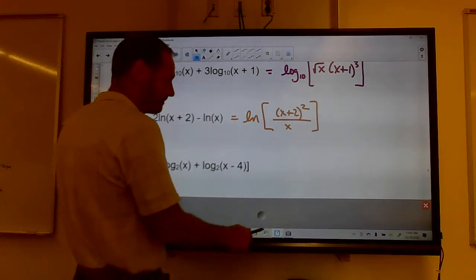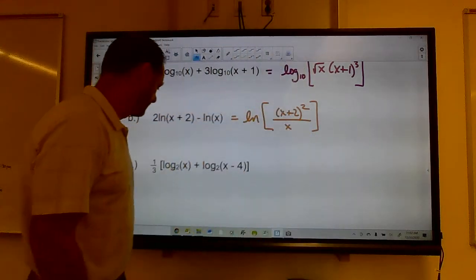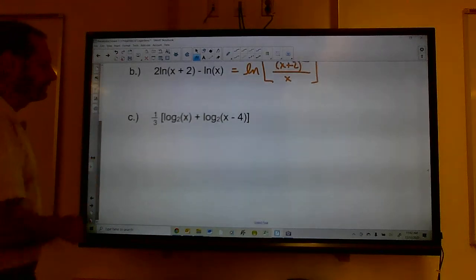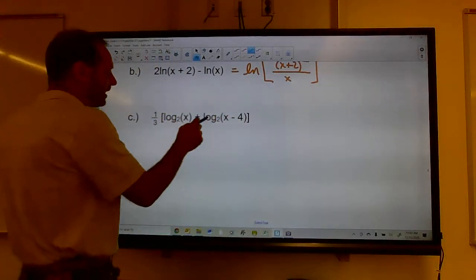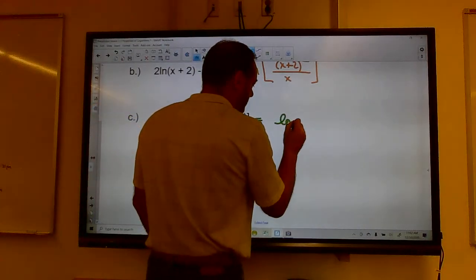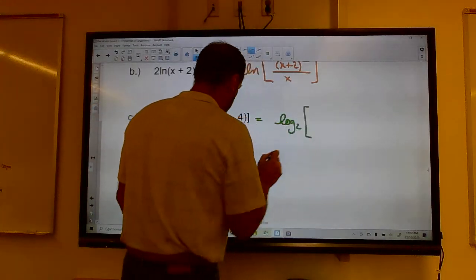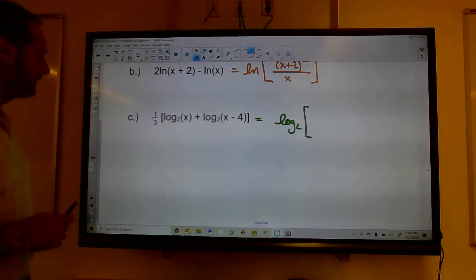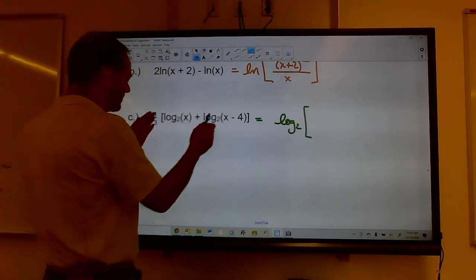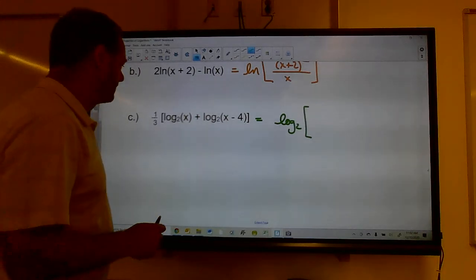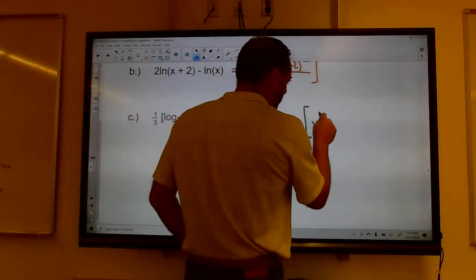All right, this one's a little bit trickier. I got log base 2, so this is going to equal log base 2. Now what's going to go inside? So it's all of this stuff to the 1/3. So it's going to be a cube root.